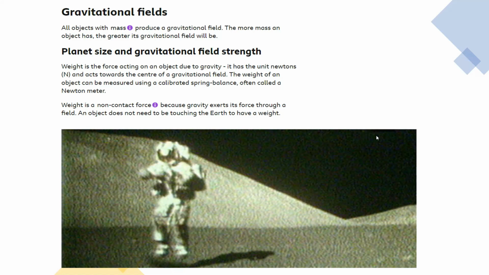Now we will try to understand the difference between weight and mass. When I say I weigh 70 kilograms, is it a true statement? It's not true, because the unit of weight is newtons. So I should say I am 70 newtons.